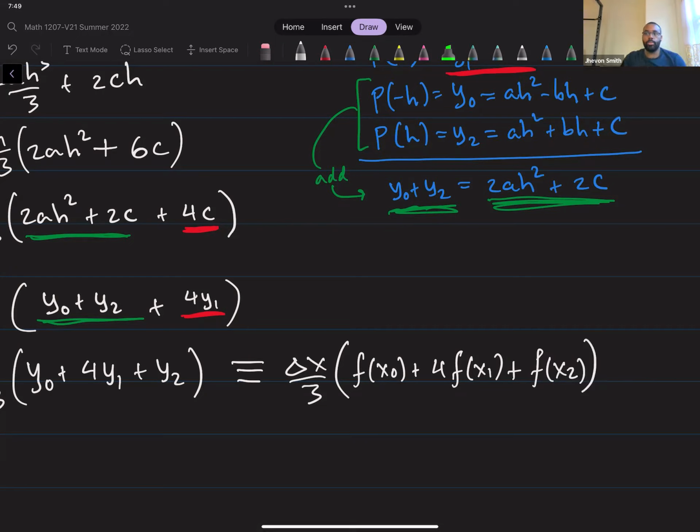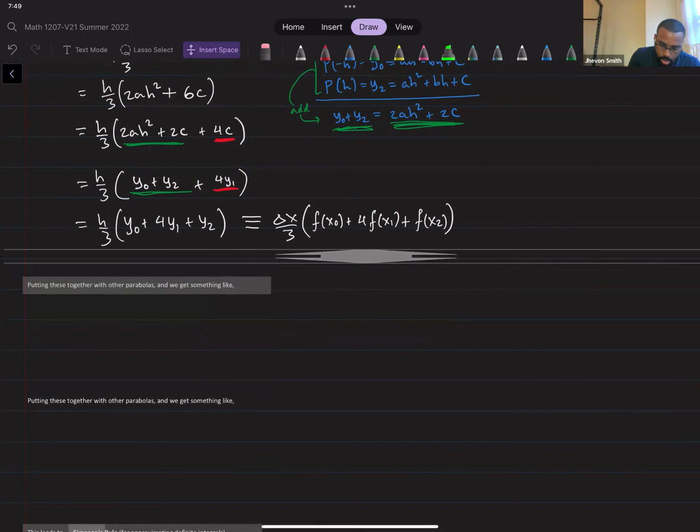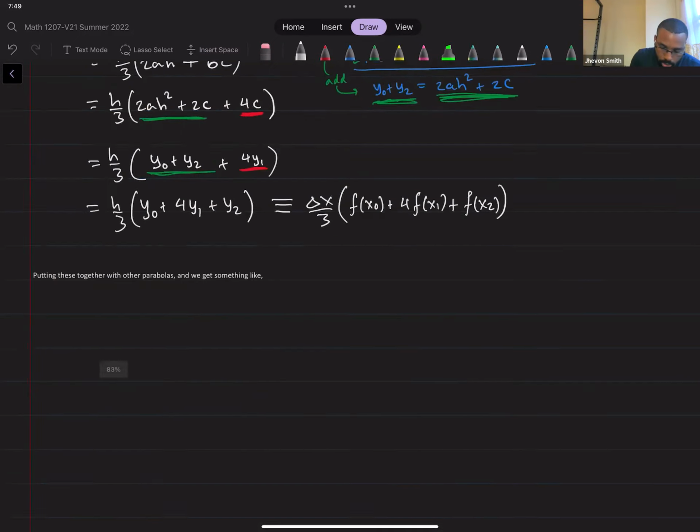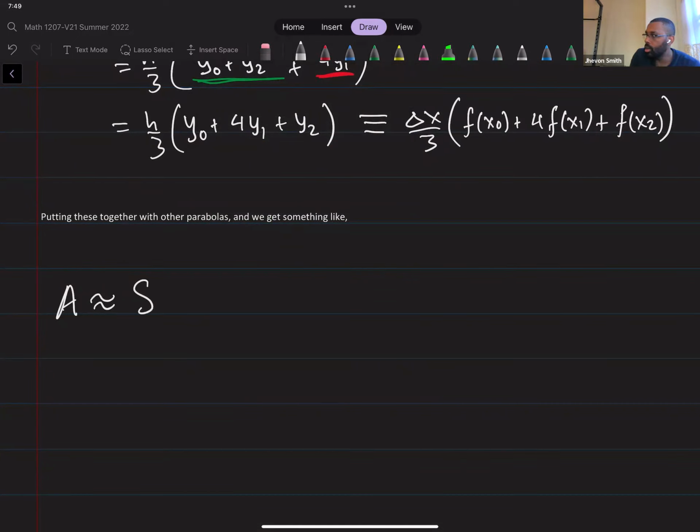So then if you start adding all these together, you would get something like, if your area is approximated by Simpson's rule with, let's just say, 6 subintervals.